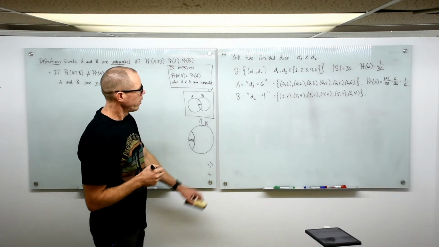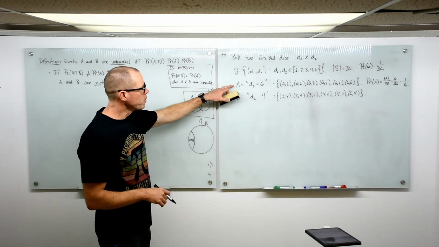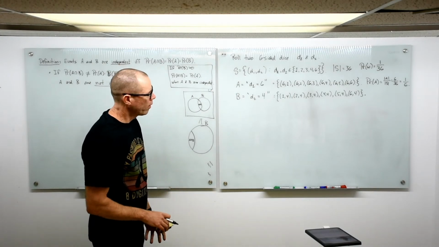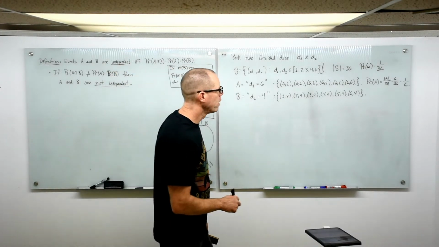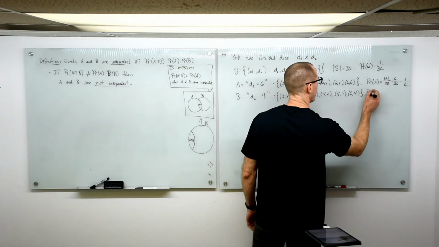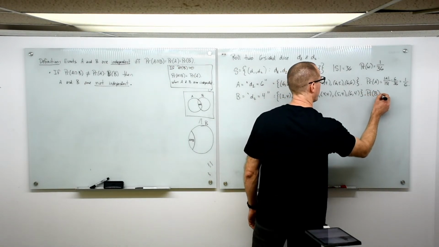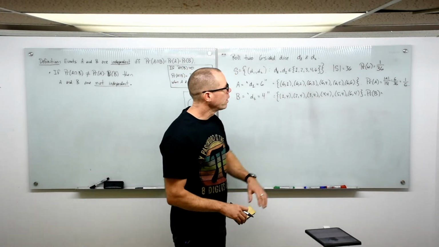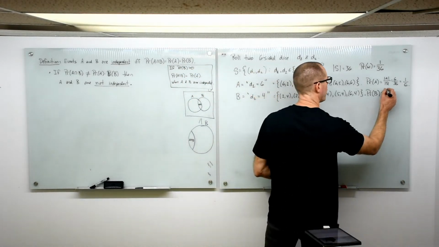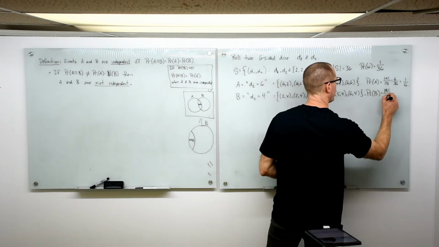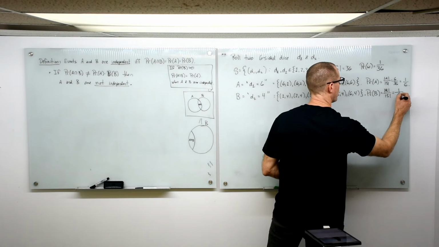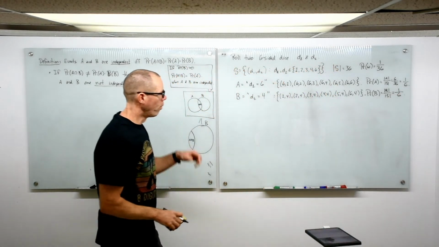That's good, so the probability that the first one comes up as a 6 is just 1 over 6, like we expected. And the same thing with the probability of B. The set B here has 6 elements in it, so the size of B over the size of S is 6 over 36, which is also 1 over 6.